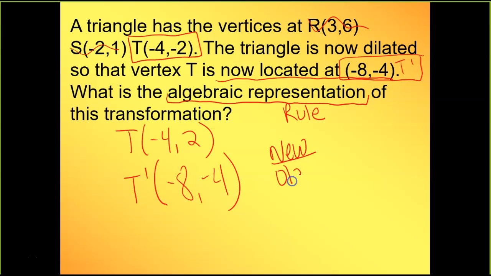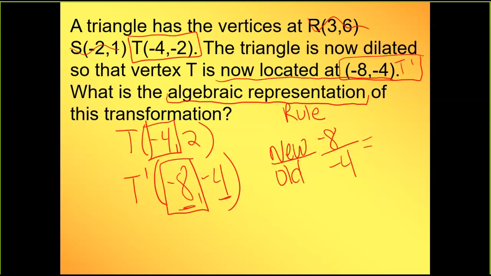New over old. What's a new coordinate? Do you want to use the X or the Y coordinate? All right, I heard people say the X. So my new is -8. What is my old corresponding coordinate? -4, the X value there. Oh, I forgot the negative. There we go.